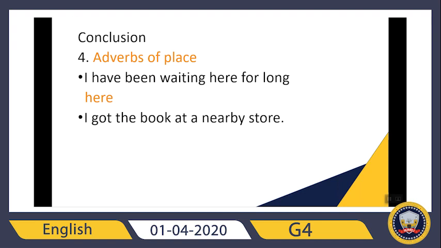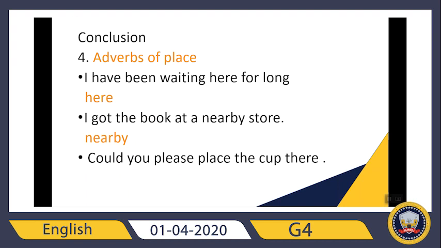So it tells us where he or she got the book from. A nearby store. It modifies where she got the book from. So nearby modifies the verb got.